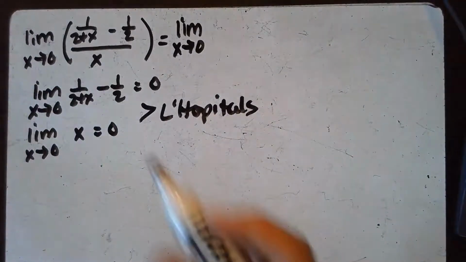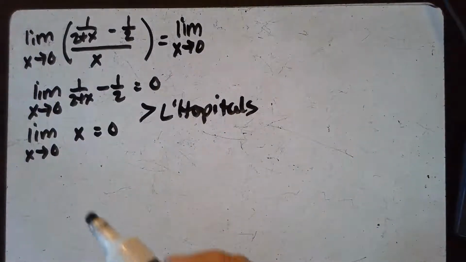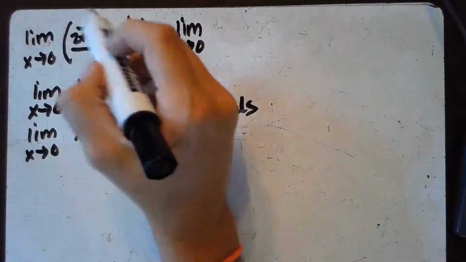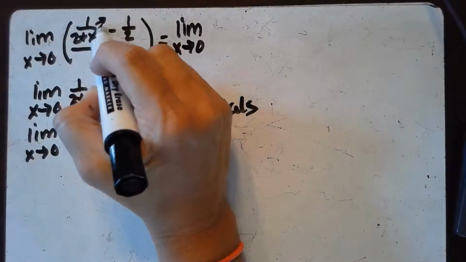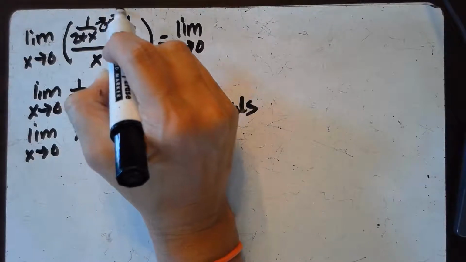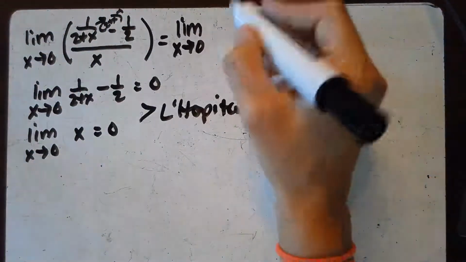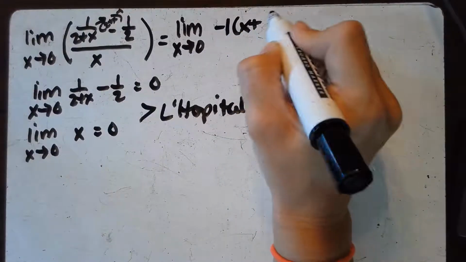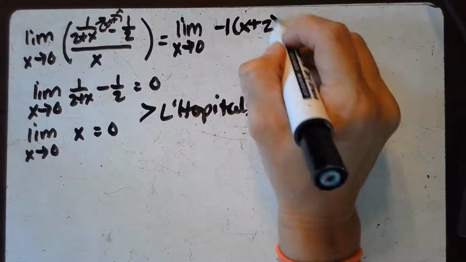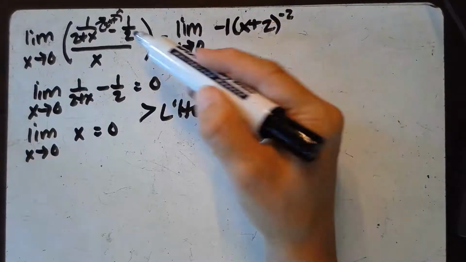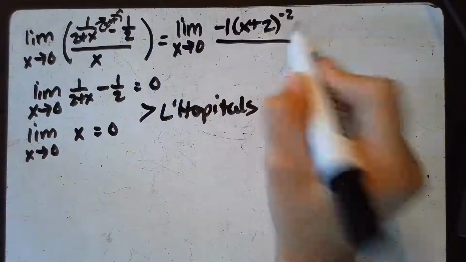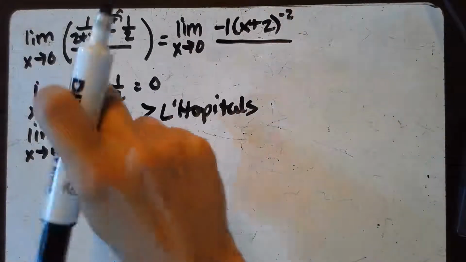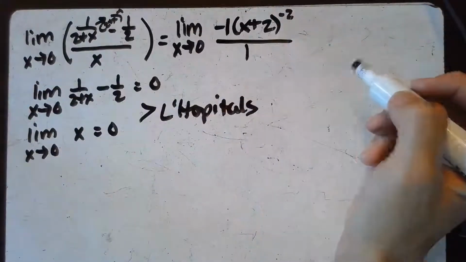I have to do the derivative of the numerator. Now, this is like 2 plus x to the negative 1. That would probably be the easiest to do. So I get negative 1 times x plus 2 to the negative 2. And then when I take the derivative of 1/2, that's just 0, over the derivative of x, which is 1.